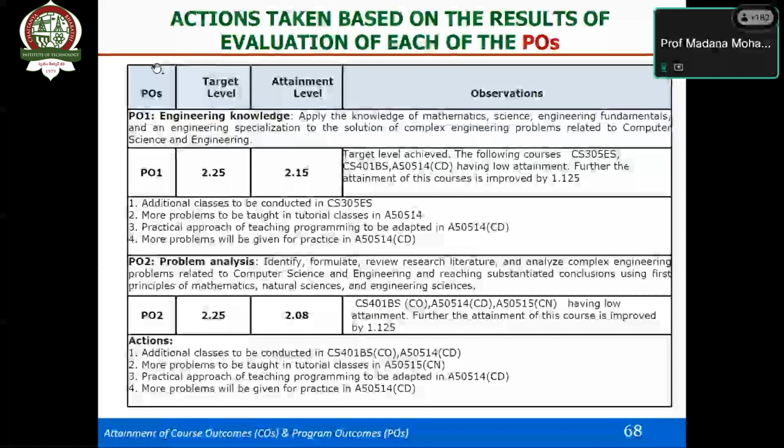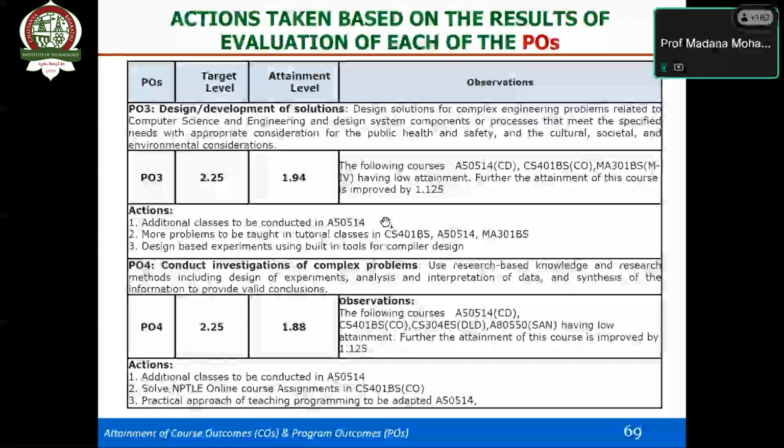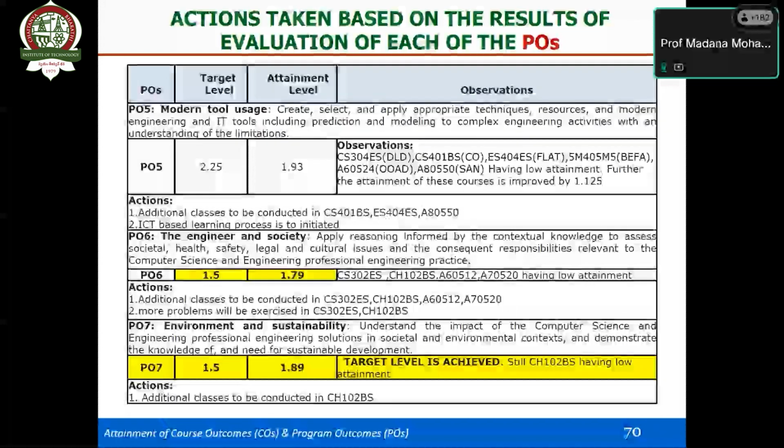So like that, PO wise, based on the results of POs, you have to propose action taken based on the observation. This is useful for continuous improvement. For example, PO6, the target is 1.5, but you achieved more. Even after achieving a higher value, some of the courses may have low or marginal attainment.